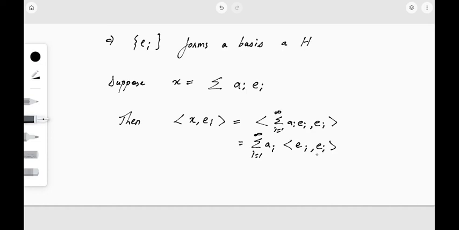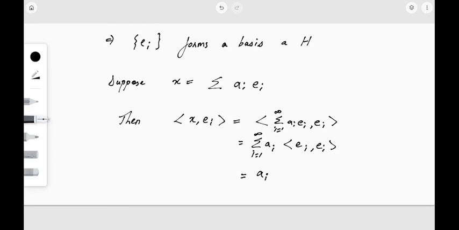So here again, by the definition of orthonormal system, this becomes 1 when i is equal to i, and all other terms will become 0. So this is nothing but a_i. So a_i is nothing but the inner product ⟨x, e_i⟩ itself. If x was considered to be some other summation, even if the constants were changed, we can conclude that a_i is nothing but ⟨x, e_i⟩ itself.